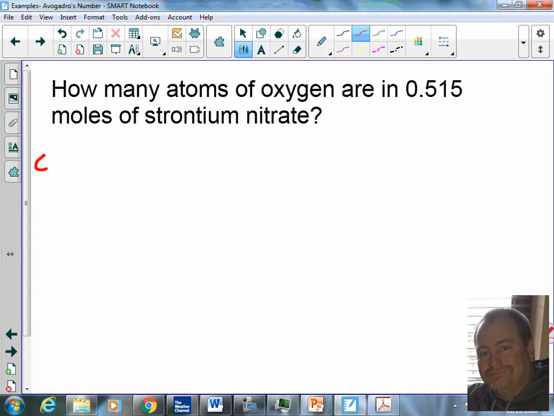So 0.515 mole of strontium nitrate. Strontium is a 2+. Sound right? Strontium is a 2+. So it's going to be Sr(NO3)2.